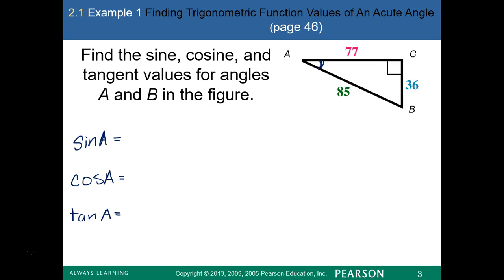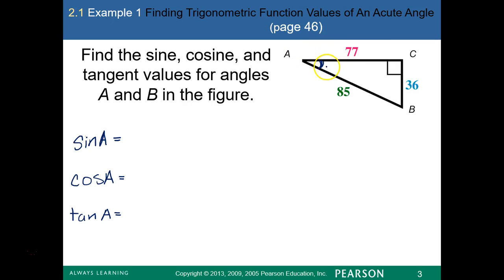The hypotenuse is going to stay the same at all times. It's always going to be the longest side of your triangle, or you can look at it as the side opposite of the 90-degree angle.